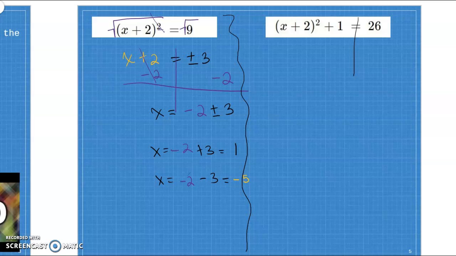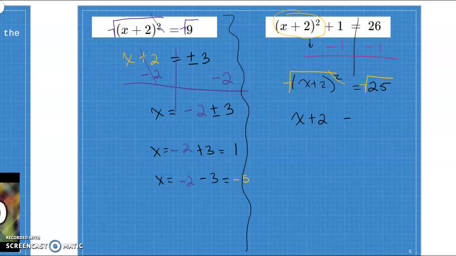I need to have this (x + 2)² all by itself, meaning I need to subtract the 1 from both sides. So then I could take the square root. So (x + 2)² equals 26 minus 1, which is 25. So now I can take the actual square root of both sides to cancel out this square.